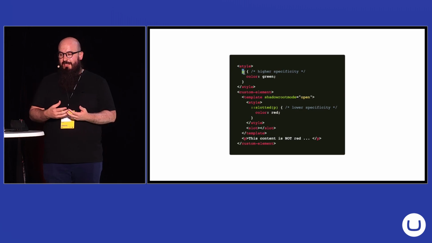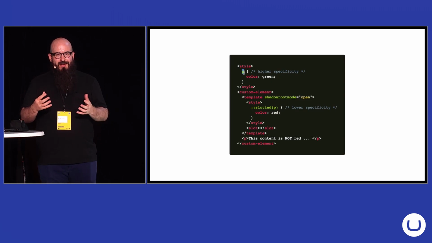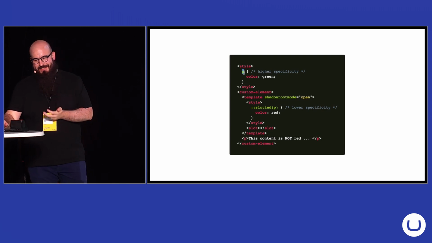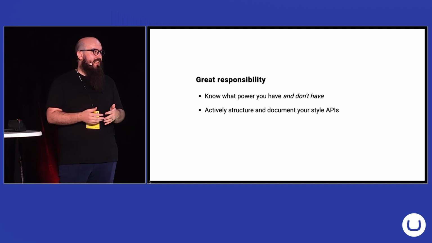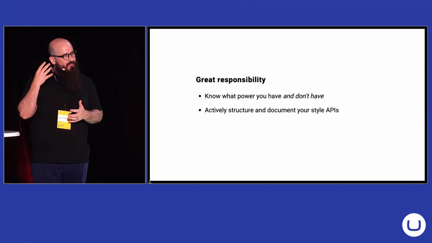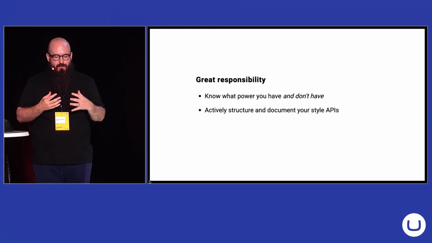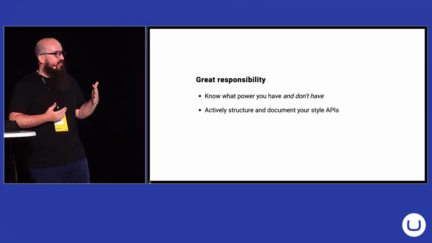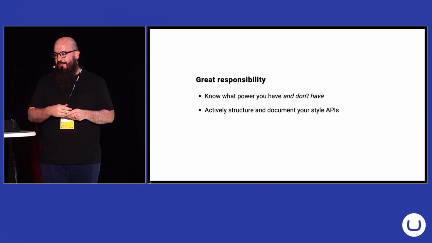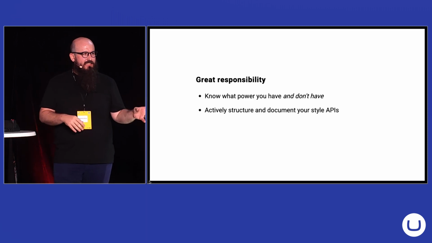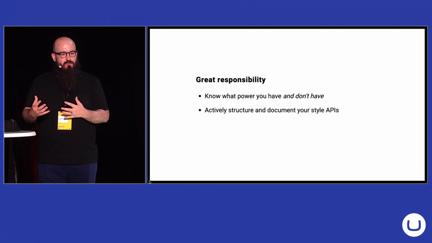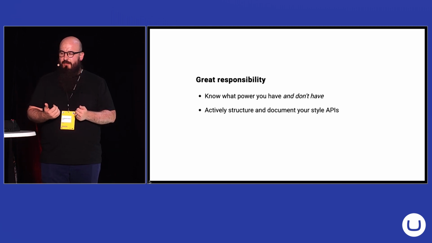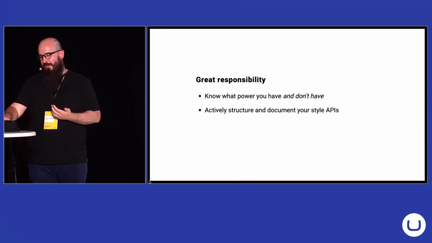So this is just one of the cases where there are a lot of powers you get, but there are some powers that you don't. Similarly, because you have all of these powers, you do need to give active thought to the APIs that you're creating and the documentation that you want to be structuring. For instance, we lazily loaded a Spectrum button before, and there are some places where Spectrum Design, the design system at Adobe, allows you to customize its delivery.